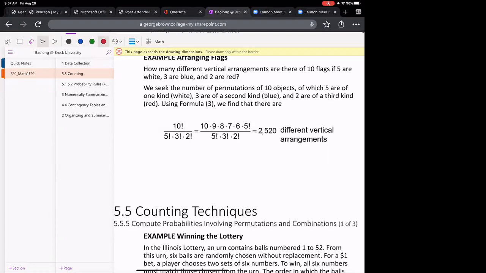So we use the formula 10 factorial divided by 5 factorial times 3 factorial times 2 factorial, and you get 2,520. So the final answer: there are 2,520 different vertical arrangements of 10 flags.